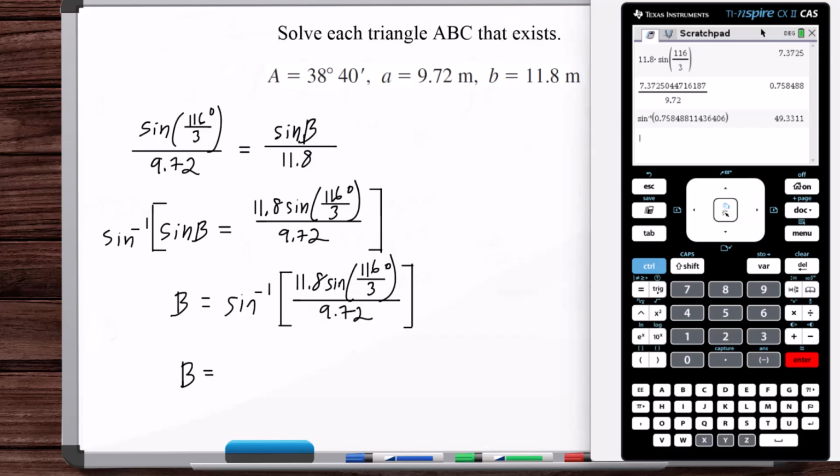Okay, and so now here, what's going to happen is, we did the inverse sine and we got this. Now we think about the other angle that satisfies this criteria in the second quadrant, 180 minus this. Okay, so there's these 2 angles here. So 49.3 and 130.7.